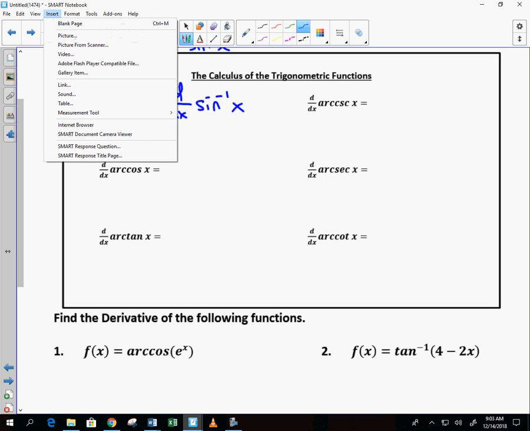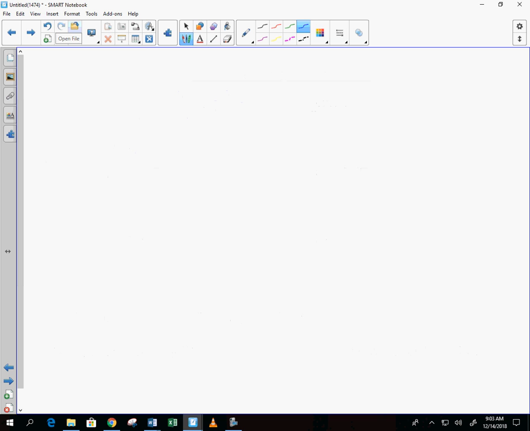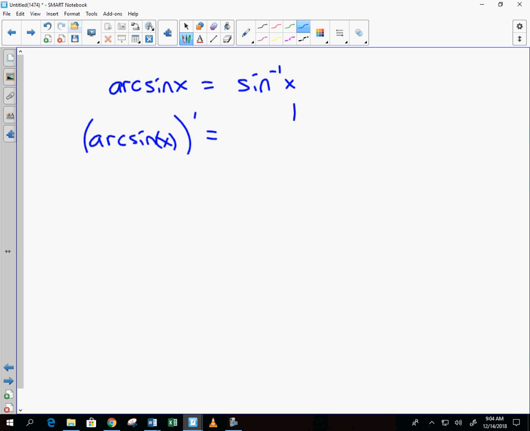Okay, we're going to try again. Arc sine of x is the same thing as sine inverse of x. So if you were to take arc sine of x and take the derivative of it, you would get 1 over the square root of 1 minus x squared.